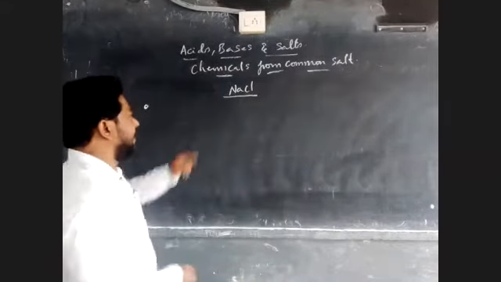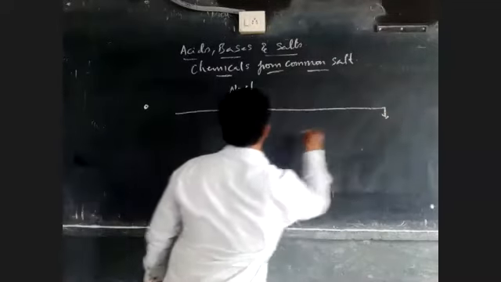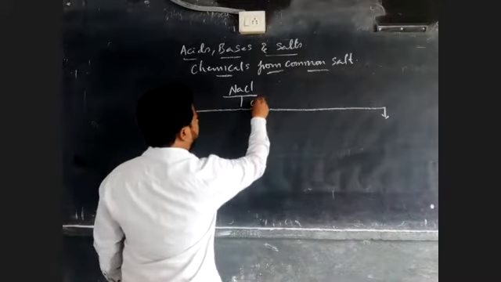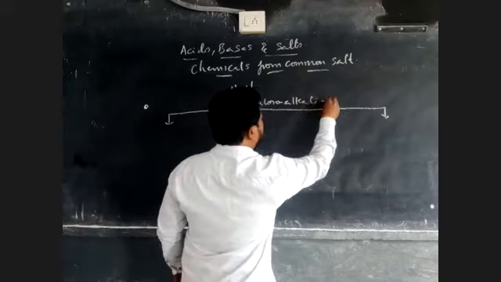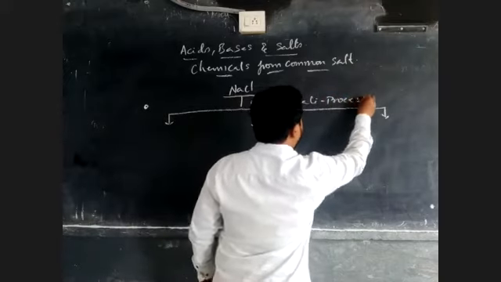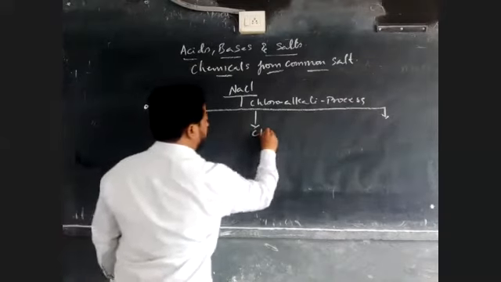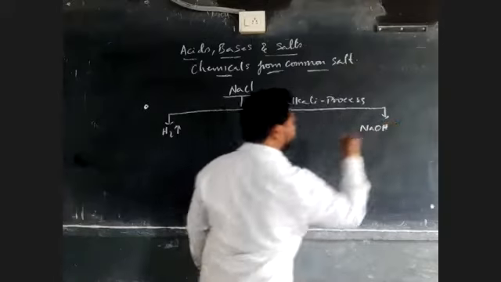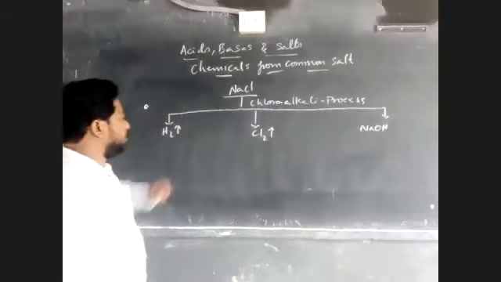So when NaCl is subjected to the chloroalkali process, we get hydrogen gas, chlorine gas, and NaOH.